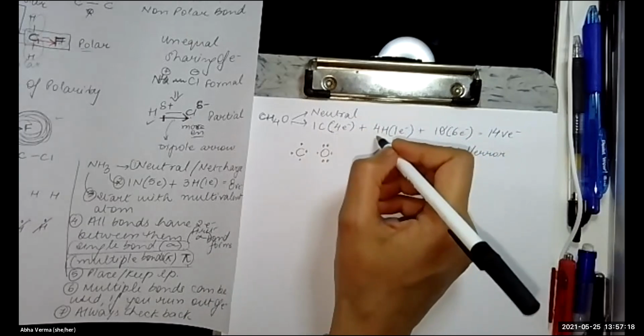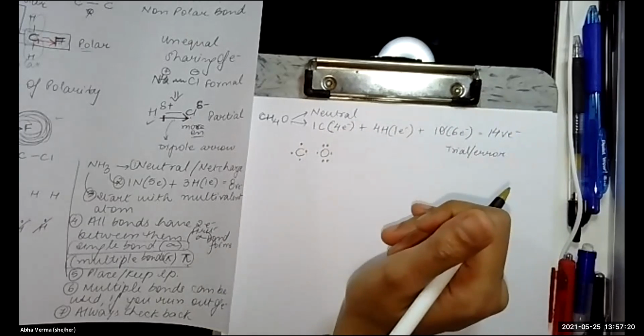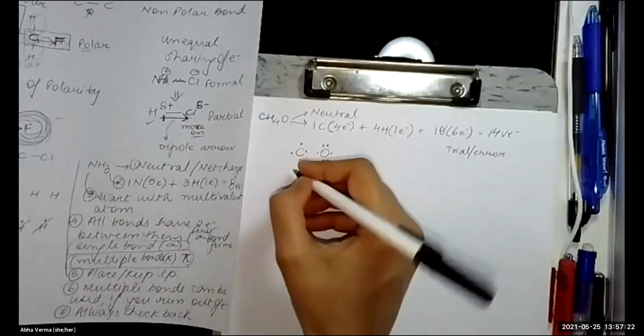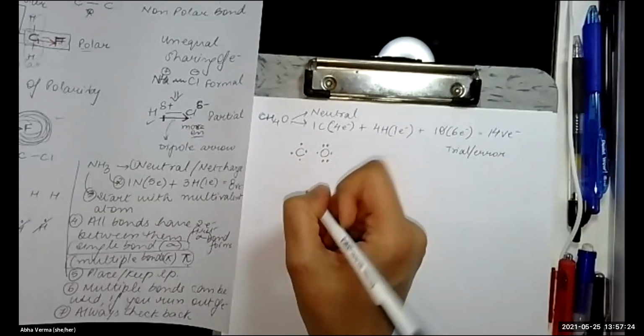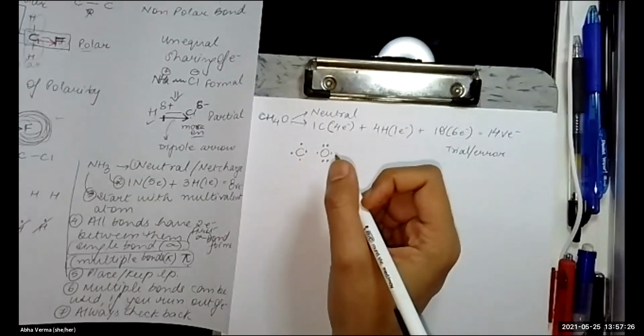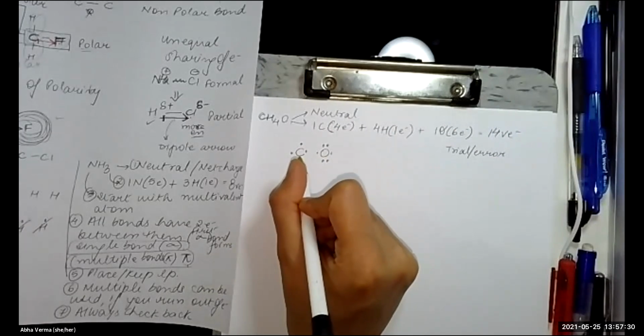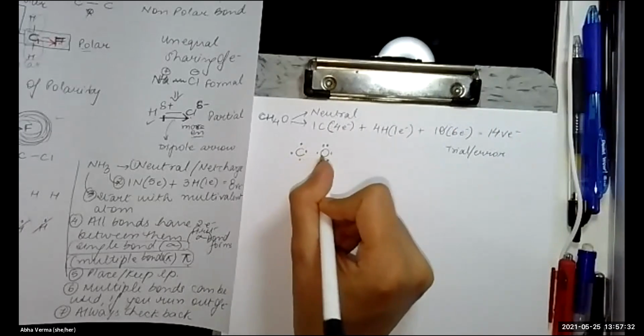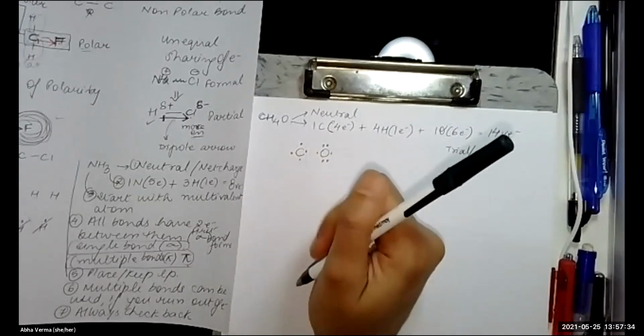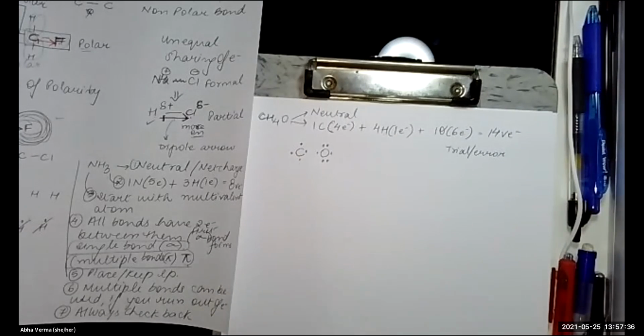Now I have 4 hydrogens that I have to fill in around. Can anyone suggest where all the hydrogens can go? Can a hydrogen be placed between a carbon and oxygen? No. How about the rest of us? No.